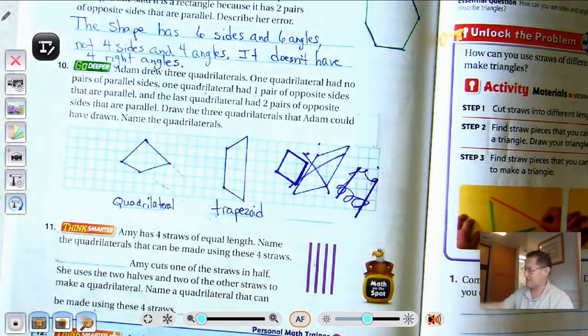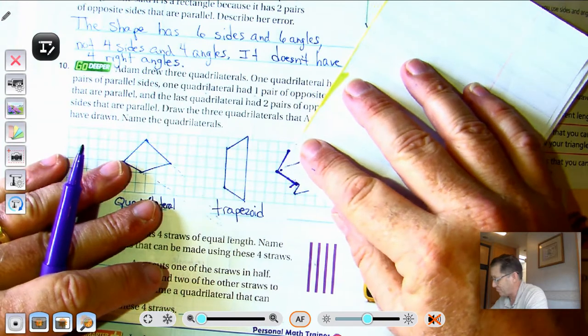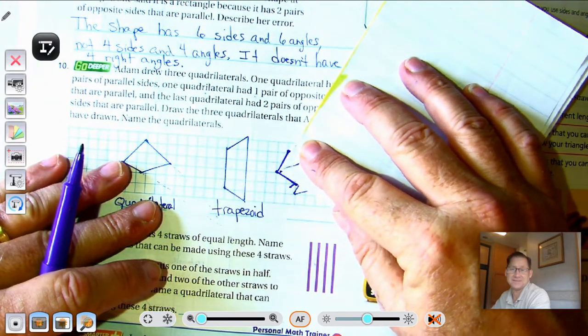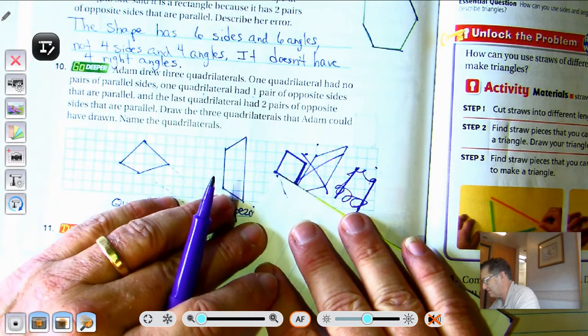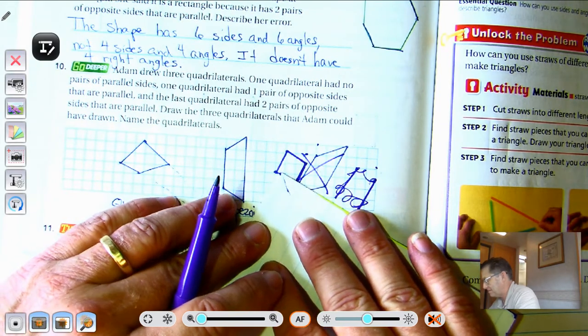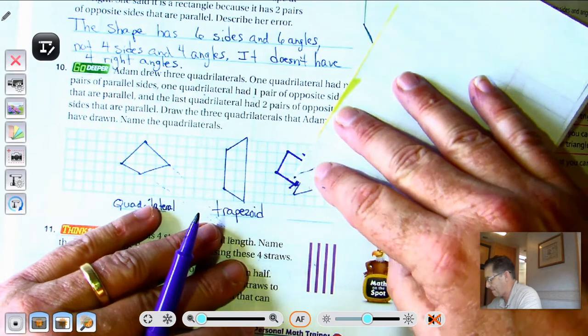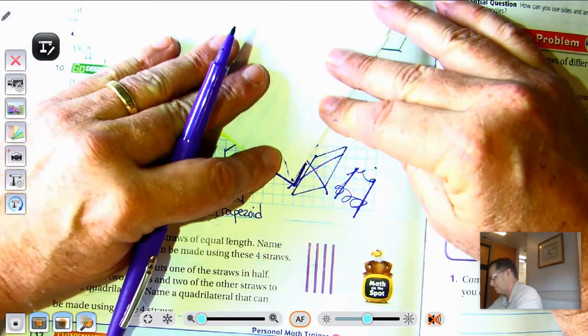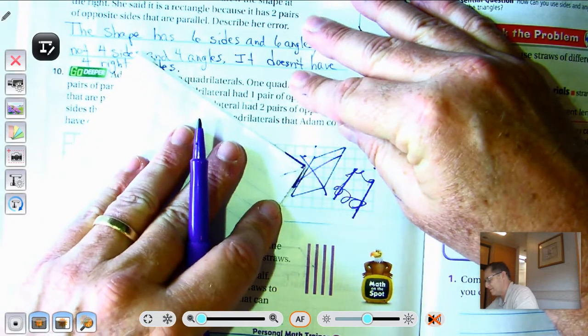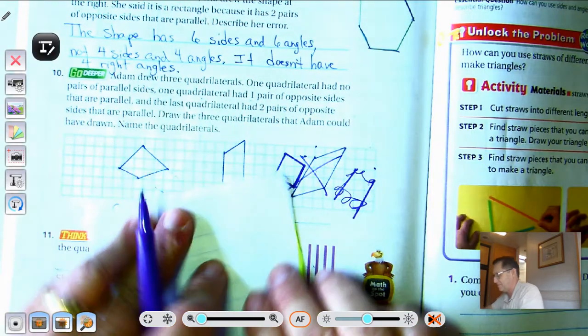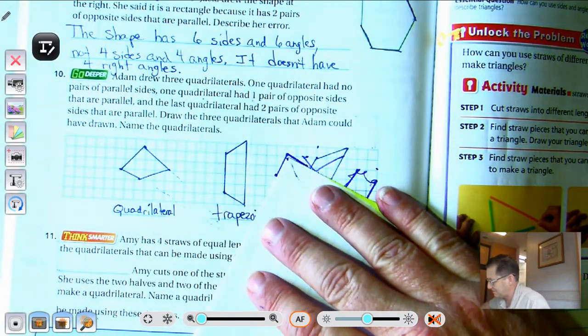All right. So let's see now this shape I've drawn if it has four right angles. Okay, that's close. Yeah, right angle, and a right angle.